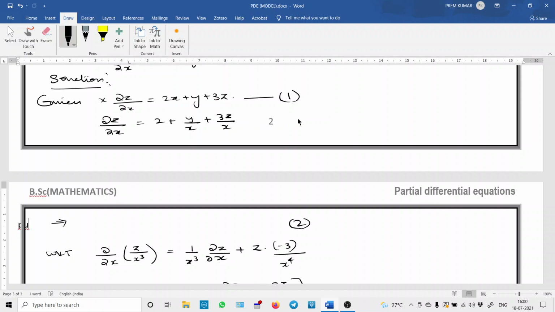Now I bring this 3z/x to the left hand side. That is the only change we make, other things as they are: 2 + y/x. This equation I name as 2.